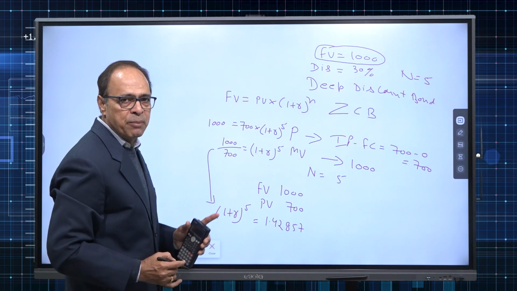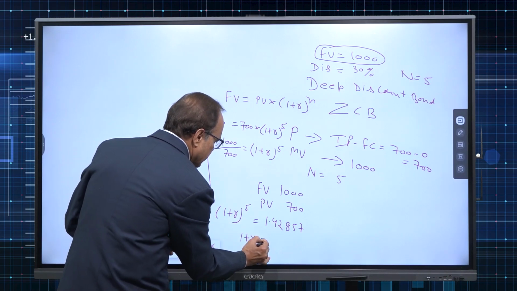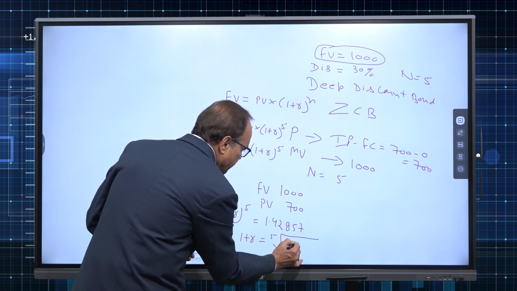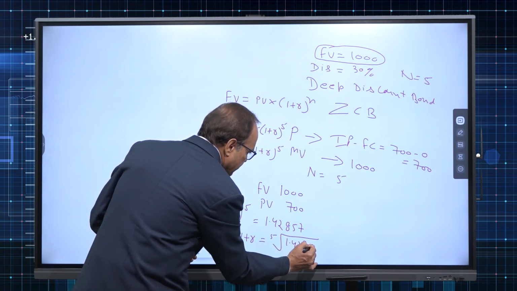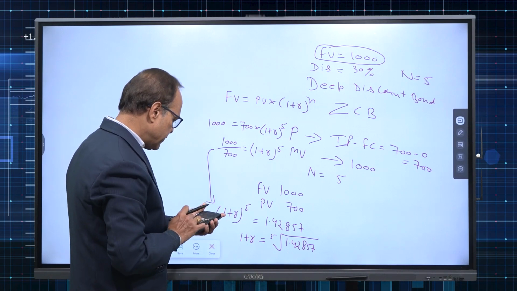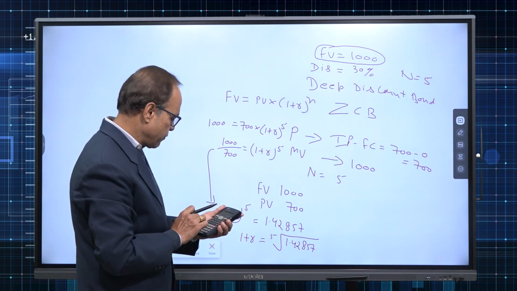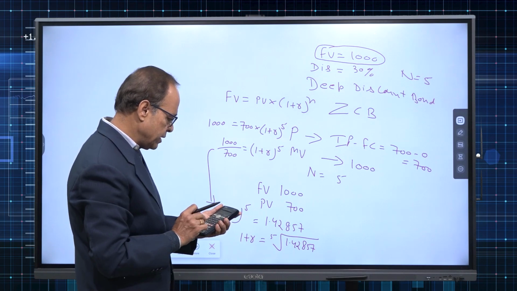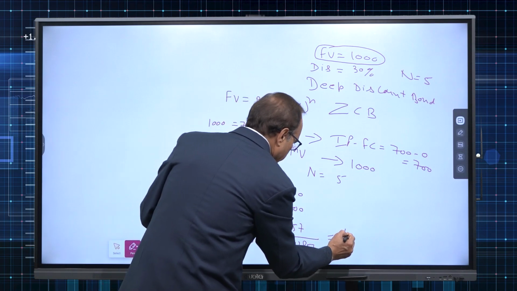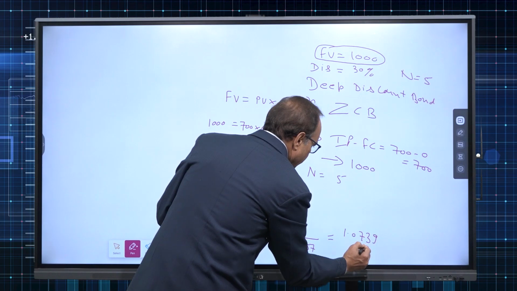So again simplify the equation. So 1 plus R is equal to the fifth root of 1.42857. So we get 1.0739.